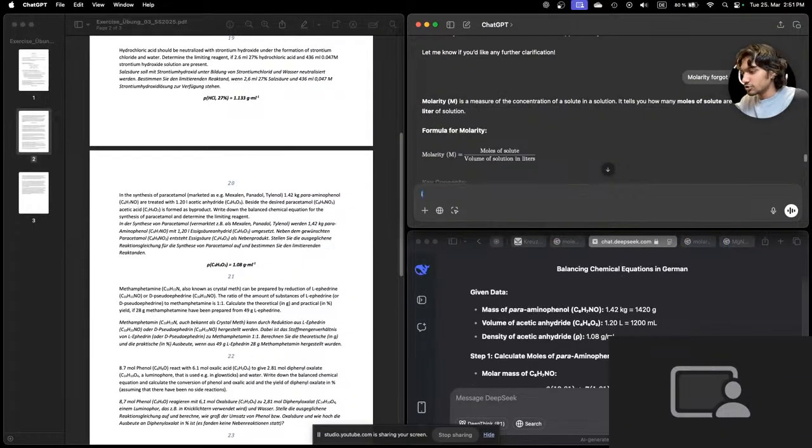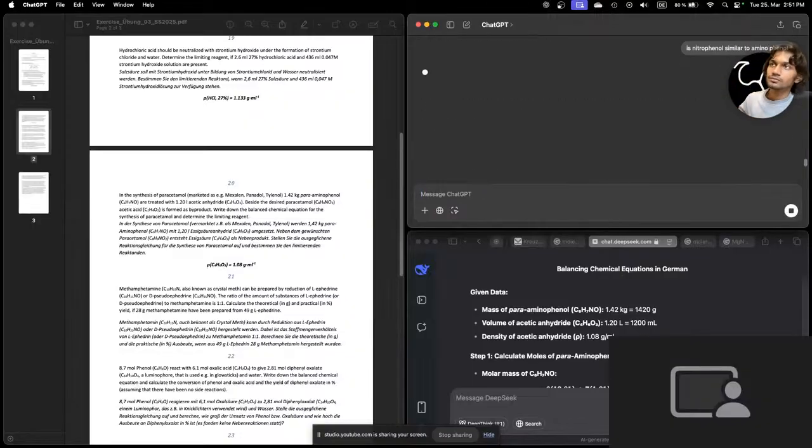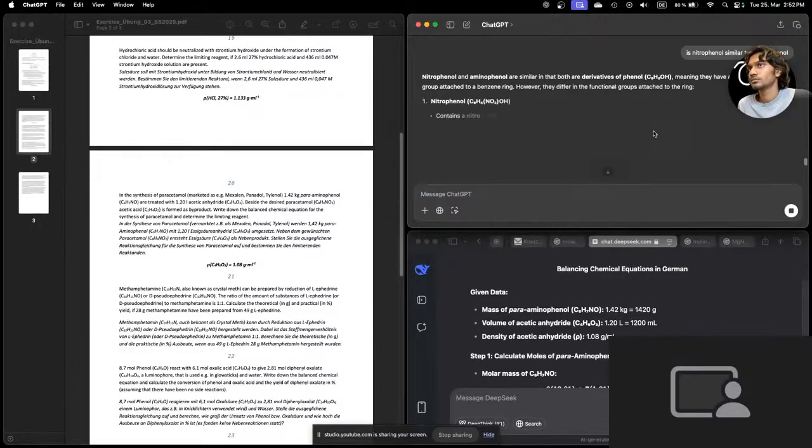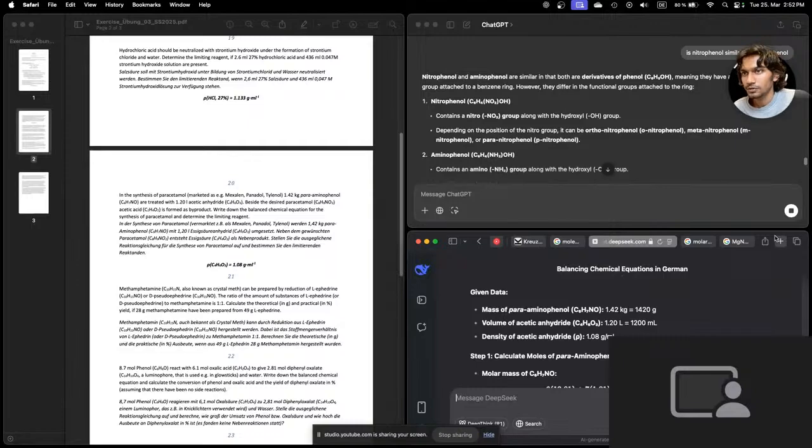Is nitrophenol similar to aminophenol? Okay, they're not the same. That means it's aminophenol itself.